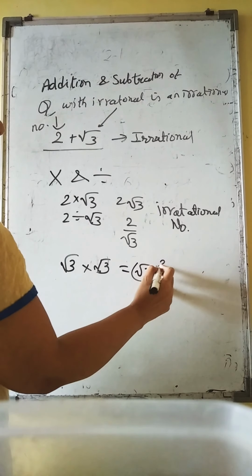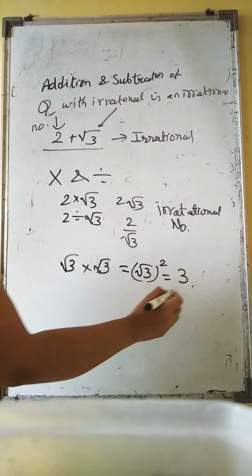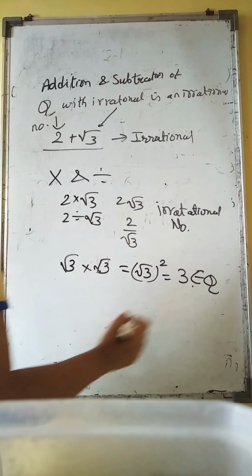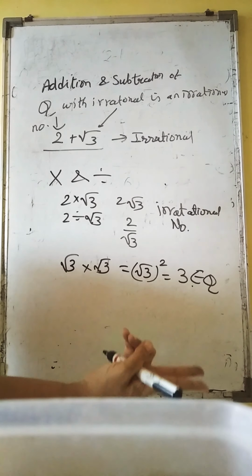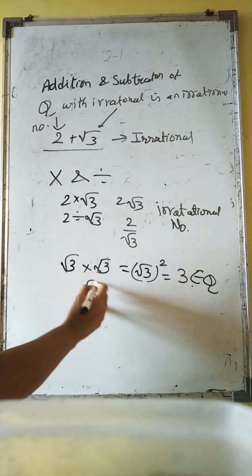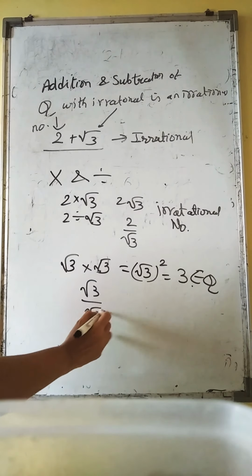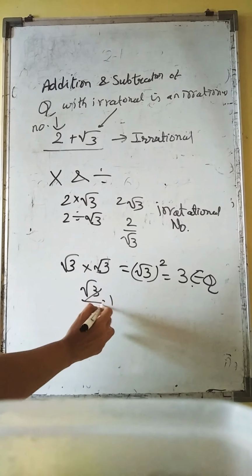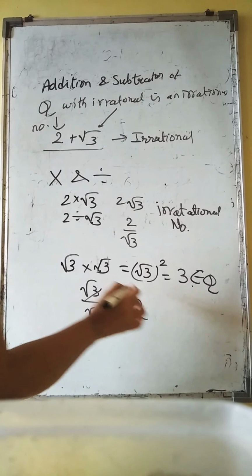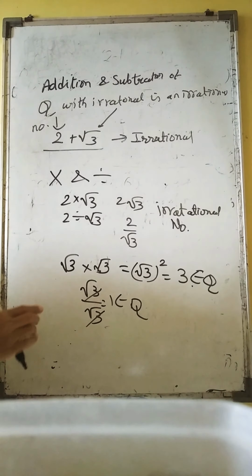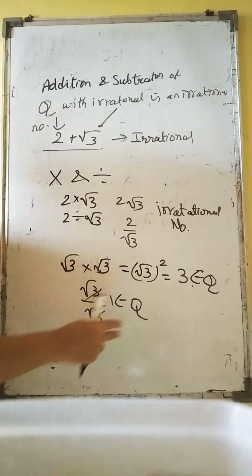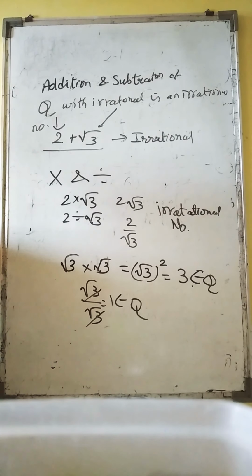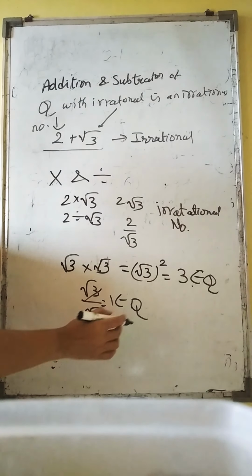Root 3 squared, which is 3. This is a rational number, isn't it? So multiplication of two irrational numbers can be rational. What is root 3 upon root 3? 1, which is again a rational number. So this is the example where multiplication and division of two irrational numbers is rational. Okay.